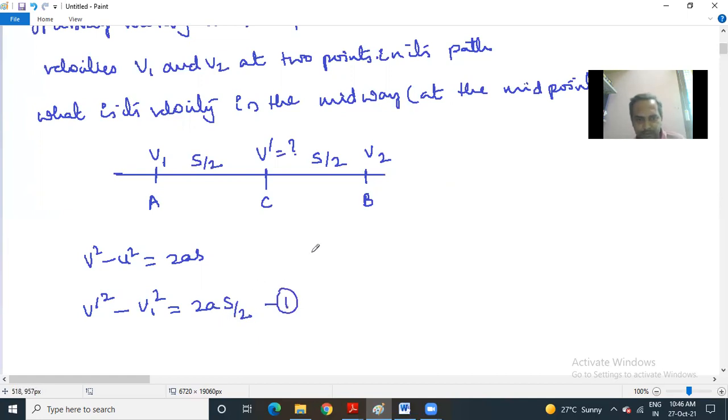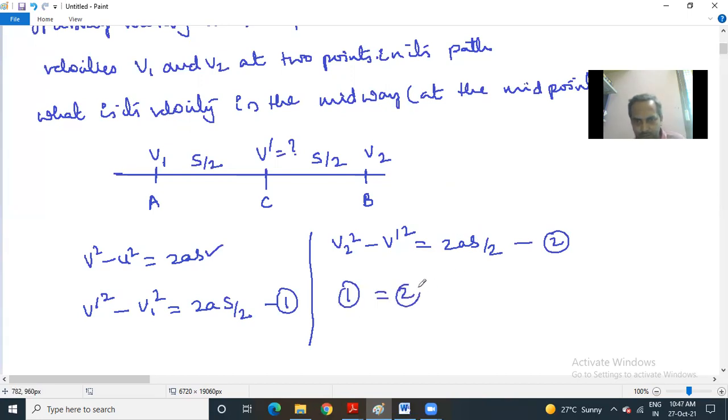You call this equation 1. Now apply the same equation of motion between the points C and B. So once again, v2 square is the final velocity, v dash square is the initial velocity, 2as by 2. Now, by looking at the equations, the right hand side of both the equations is the same, so comparing, 1 equal to 2.